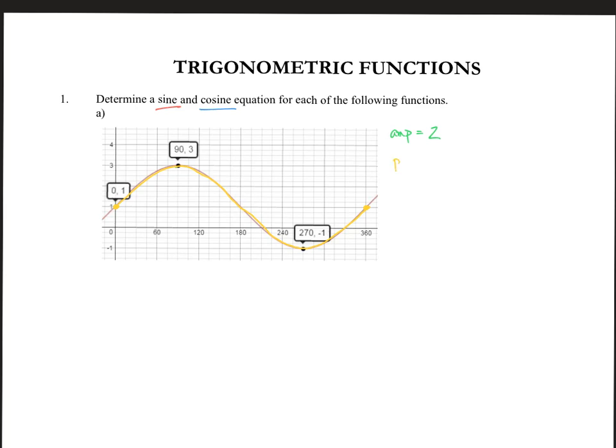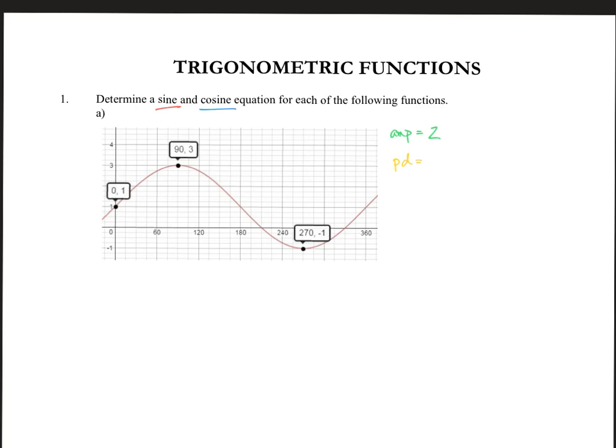Therefore, you can find that your period is 360 degrees. However, I'd like us to go through finding our period in a slightly different way. This way is going to be a little bit more than trusting our eyes.